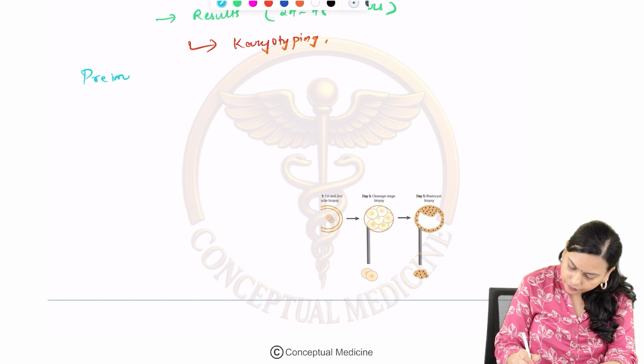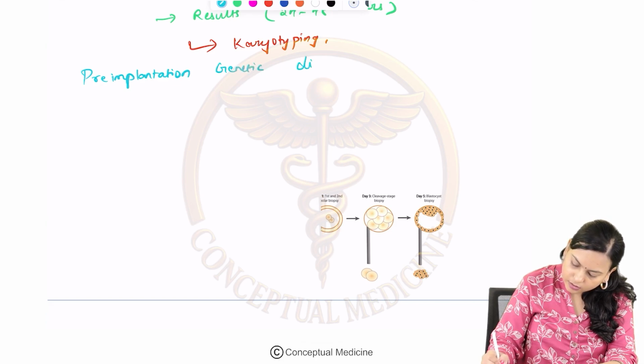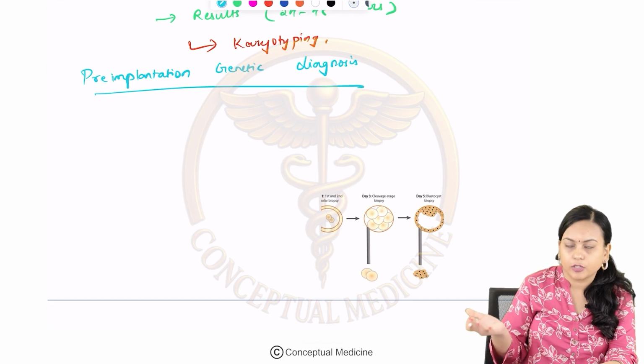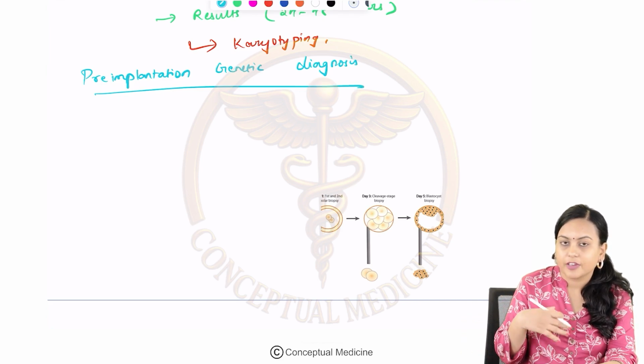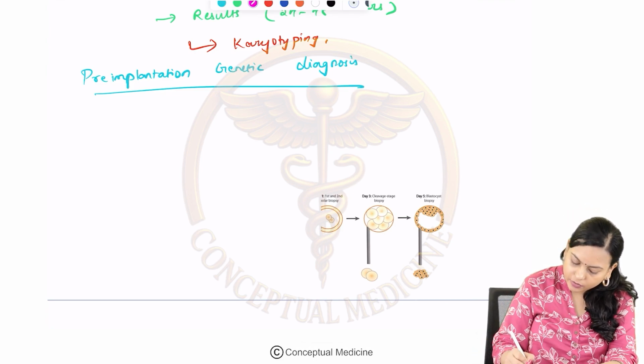Okay, and one more thing I want to discuss, that is pre-implantation genetic diagnosis. Okay, so from the name itself you are able to identify. Before the implantation stage itself, we are going to take some cells and check whether there is any abnormality in the cells. Okay.